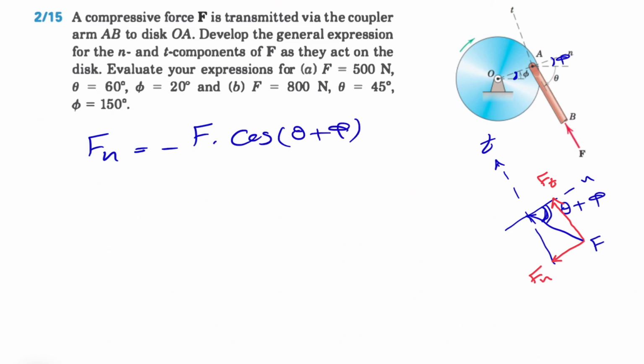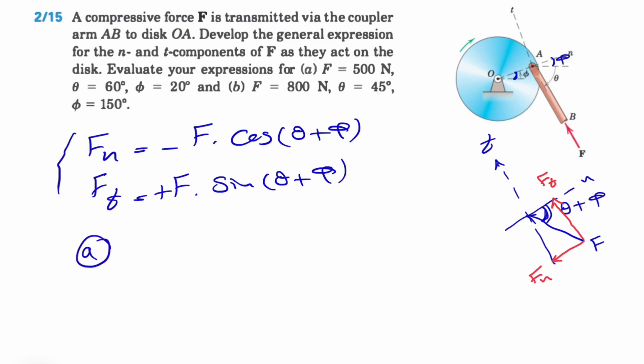And our Ft would be simply F times sine of theta plus phi. And as I said, since our Ft is in the positive direction of our t, we have a positive sign in here. So that's the general formula that we have for Fn and Ft. We just need to plug in our numbers in the two different conditions that we have.